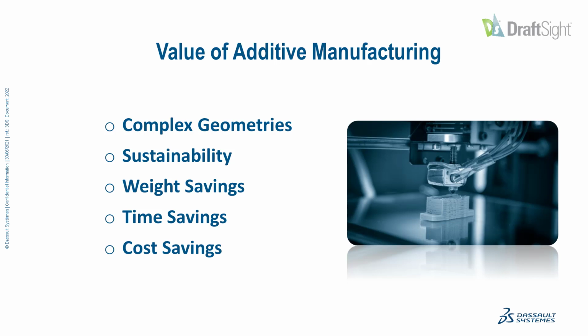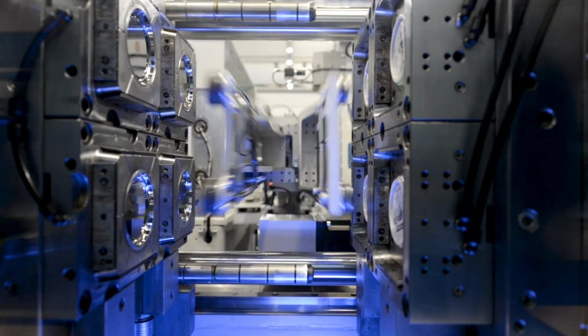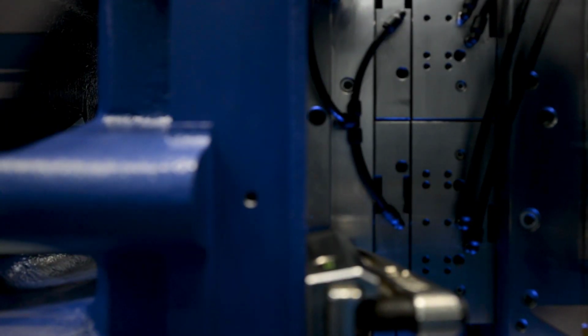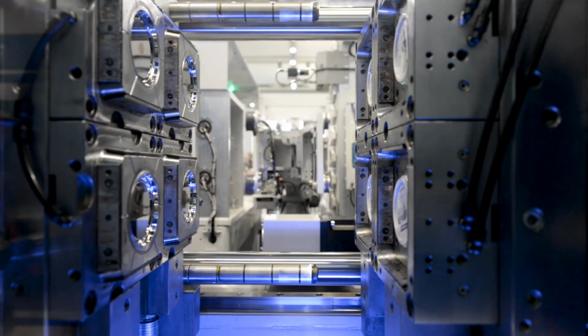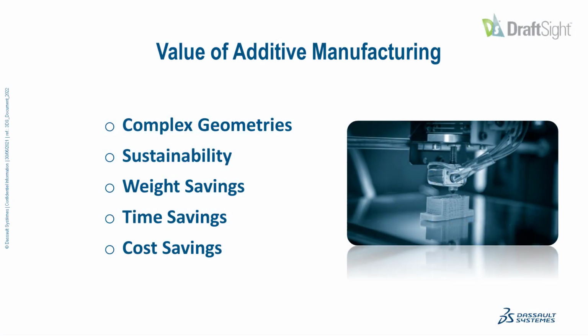So, the final value I'd like to talk about is cost savings. Additive manufacturing cannot yet compete with the speed of, for example, injection molding, as can be seen in this short video clip. But what it can do is in the aspect of low volume manufacturing of less than 10,000 parts. Additive manufacturing saves costs on tooling.